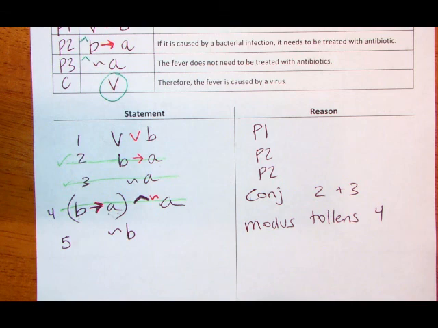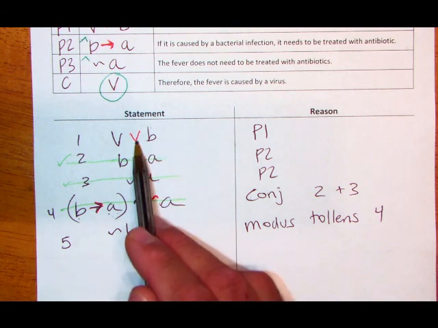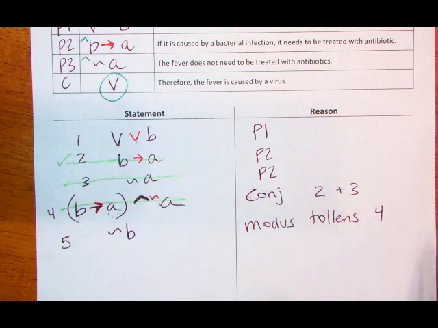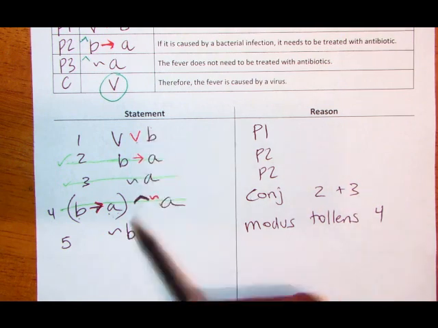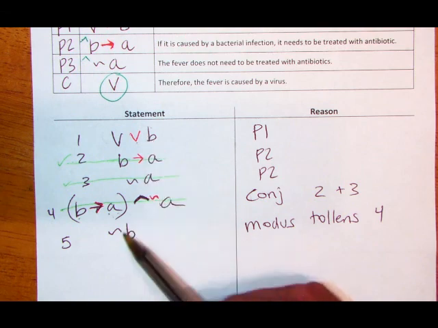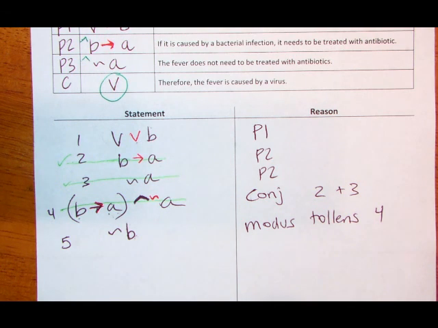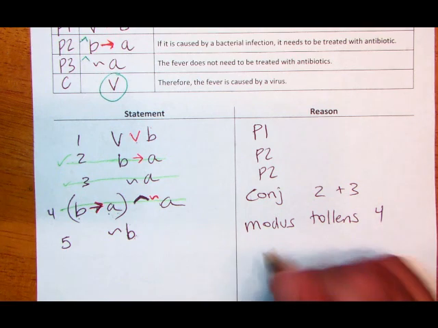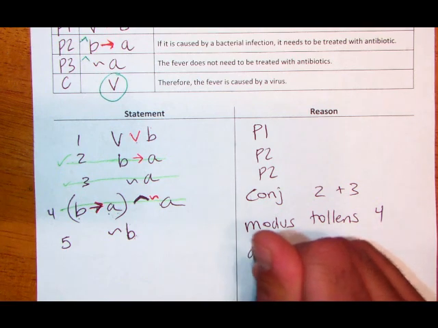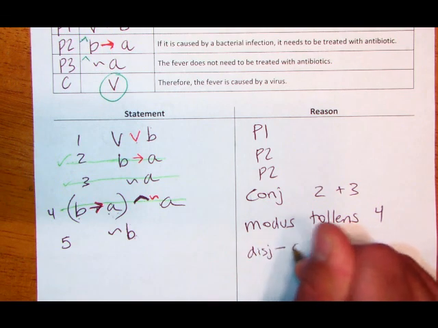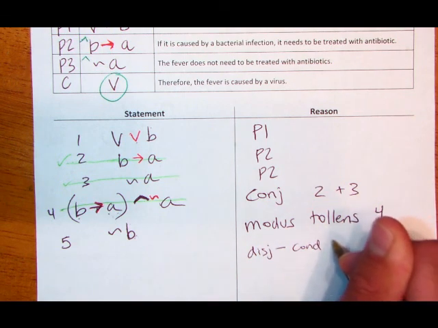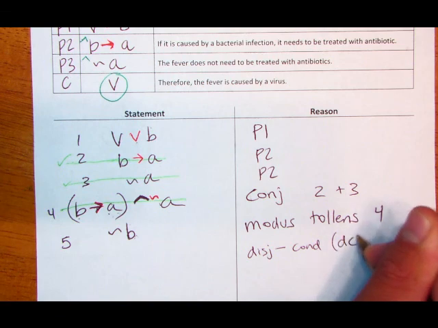Well, as I said earlier, you're going to have to change a disjunction at some point into a conditional. And at this point, a conjunction between these two wouldn't help us because no rules that we've seen really use disjunctions. So we want to take premise 1 and change it from a disjunction to a conditional, or what I've called DC1.